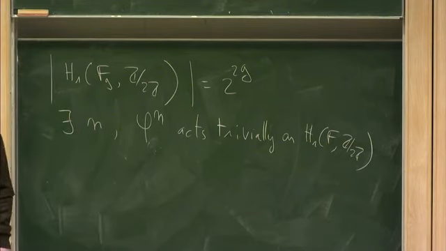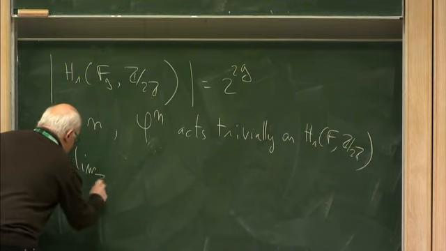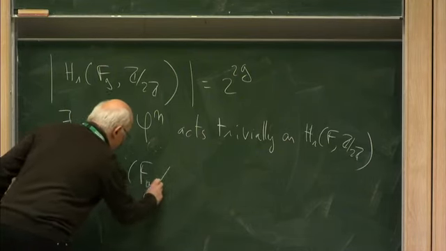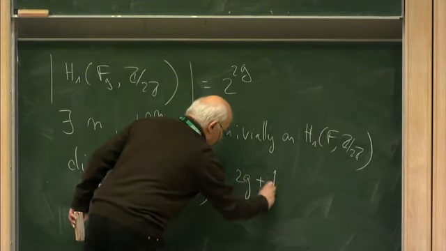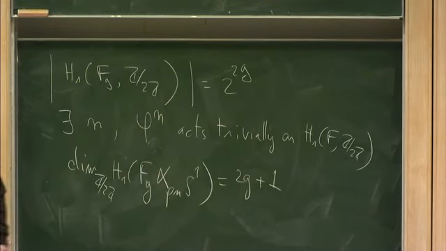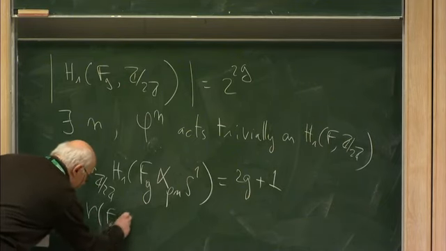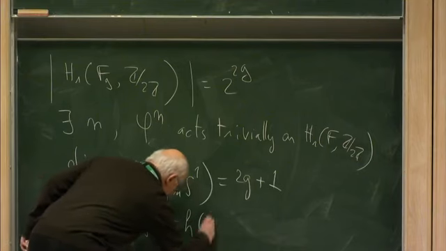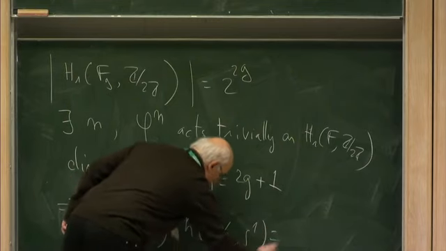But if it acts trivially and you compute the dimension over Z2 of H1 of this, it will be exactly 2G plus 1. So you win. Then it implies that the rank of this equals the Heegaard genus. And this is the maximum.